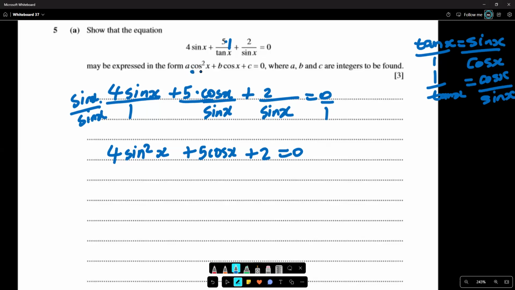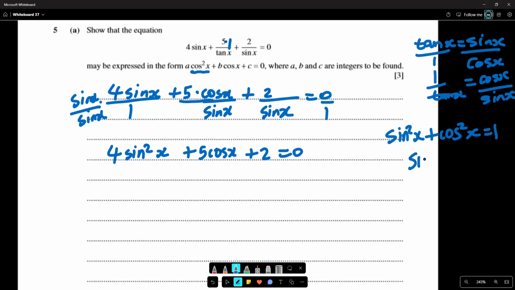Here, the only issue is that we have cos squared x, but here we have sine squared x. But fortunately, there's a formula that links this and that, which is sine squared x plus cos squared x equals to 1, the Pythagorean identity.